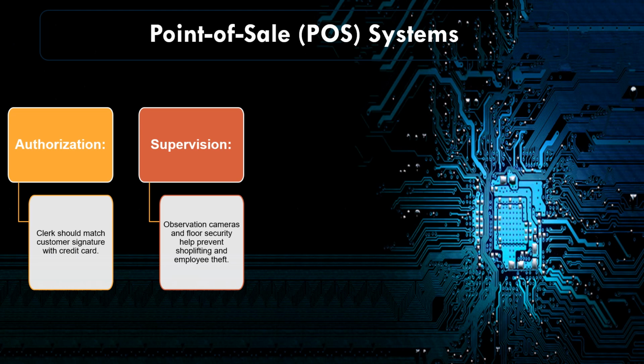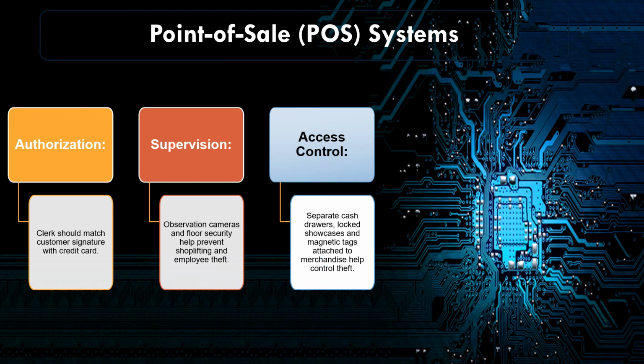And normally you can see on the roof and ceiling above the cashiers a camera above each cashier, just to ensure supervision efficiency. Access control: separate cash drawers, locked showcases, and also magnetic tags attached to merchandise help control theft.